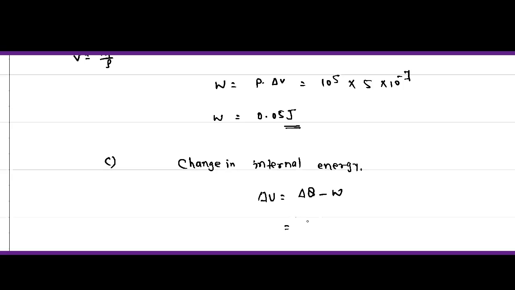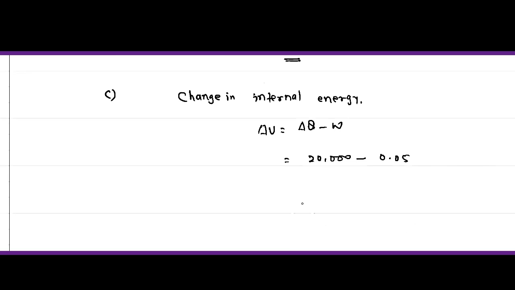Delta Q is the heat, so this is 20,000 minus the work done, which is also in joule, 0.05. It comes out to be 19,999.95 joules. So this is the change in internal energy.